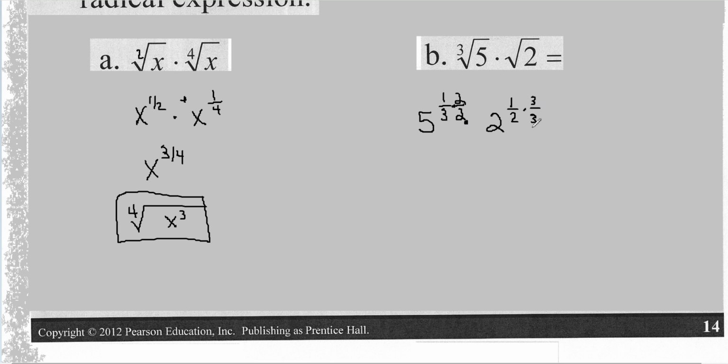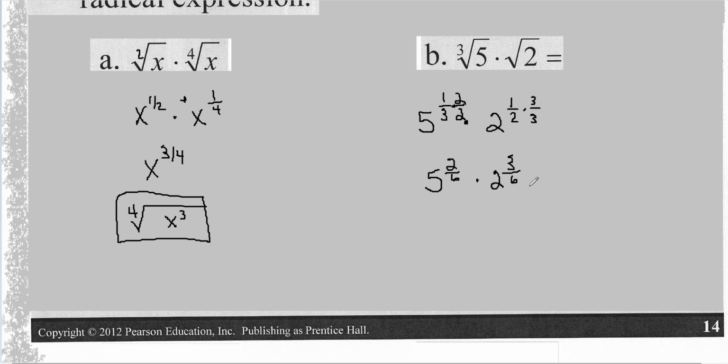So now this changes to be 5 to the 2 over 6. 1 times 2 is 2, 3 times 2 is 6 in the rational exponent. That's multiplied times 2 to the 1 times 3 is 3, and 2 times 3 is 6. Remember, that's an exponent there.